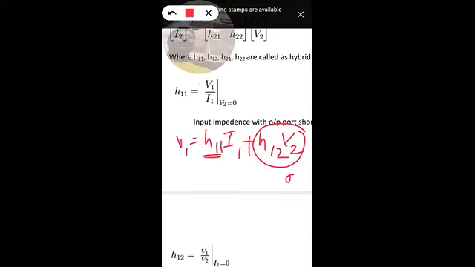We cannot reduce H12 to 0 since it is a parameter of the transistor, but we can reduce V2 to 0 by short circuiting the output terminals. Therefore H11 is equal to V1 by I1 when V2 is 0.